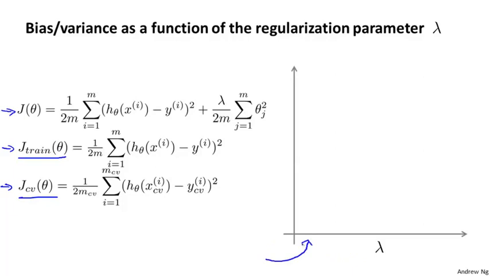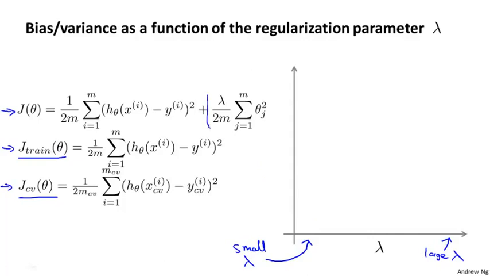So as we saw earlier, if lambda is small, then we're not using much regularization, and we run a larger risk of overfitting. Whereas if lambda is large, that is if we were on the right part of this horizontal axis, then with a large value of lambda, we run a higher risk of having a bias problem. So if you plot J train and J CV, what you find is that for small values of lambda, you can fit the training set relatively well because you're not regularizing.